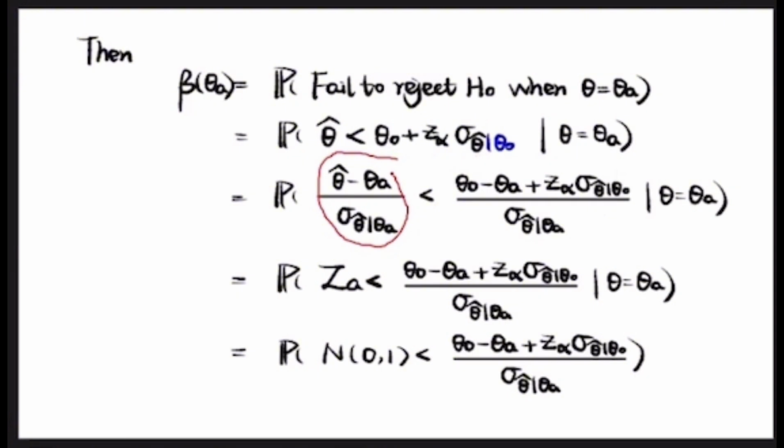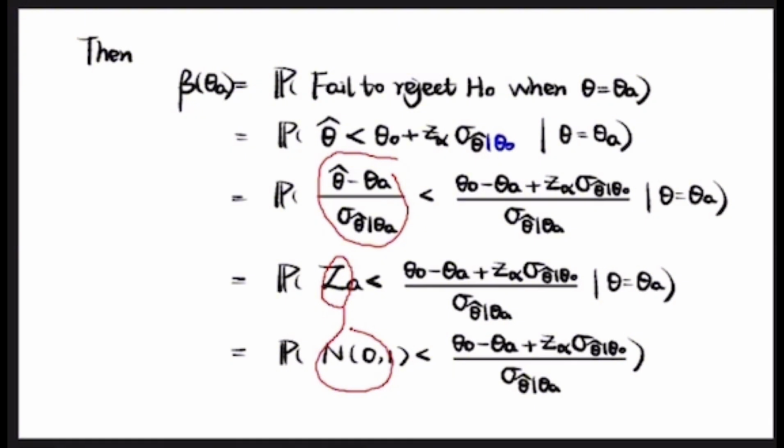Because it's centered on the mean of the estimator, which is assumed to be the value of the alternative, and the standard deviation here is the standard deviation of the estimator when the alternative is true. Now this is a z-score that has to do with the alternative, and a z-score is normally distributed with a mean of 0 and a variance of 1.